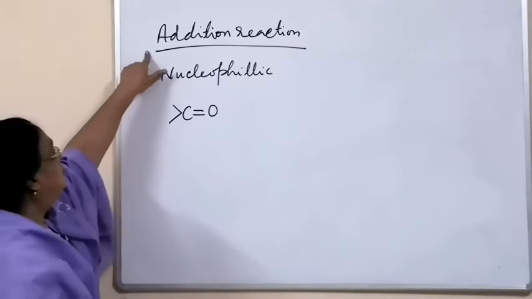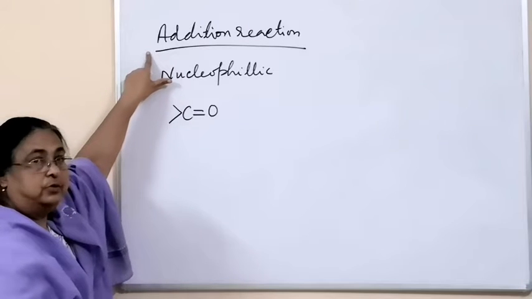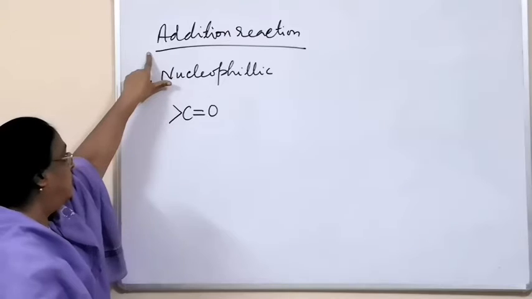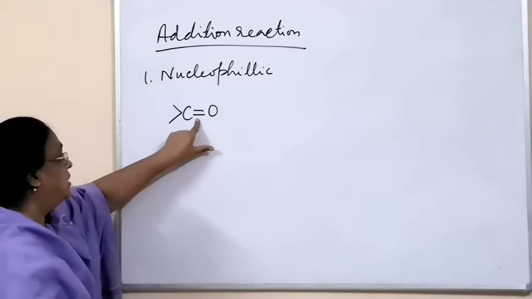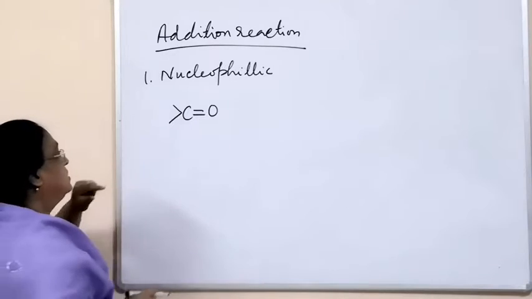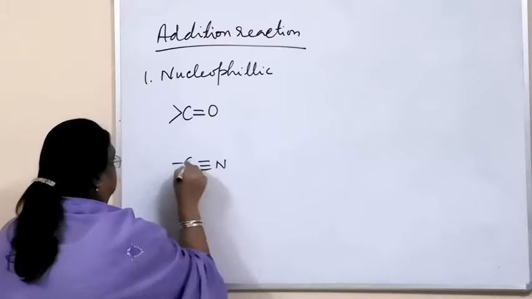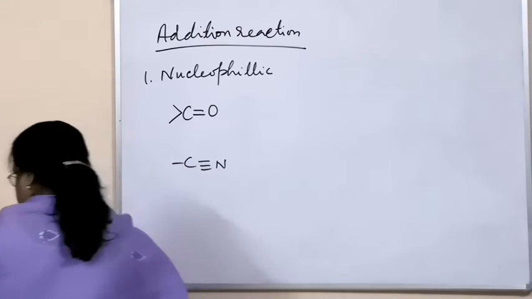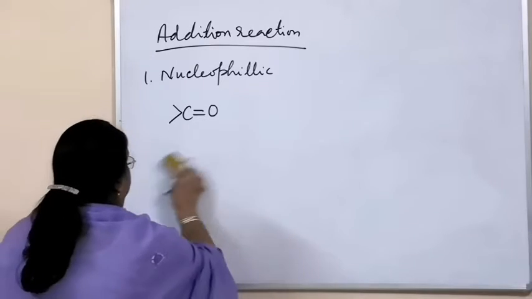Addition reaction is shown by unsaturated compounds, which have a double bond or a triple bond. So nucleophilic addition is shown by those unsaturated compounds in which the multiple bond is between dissimilar atoms. When these compounds undergo addition reaction, it will be nucleophilic addition reaction.